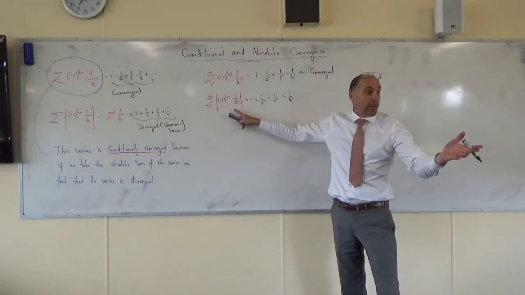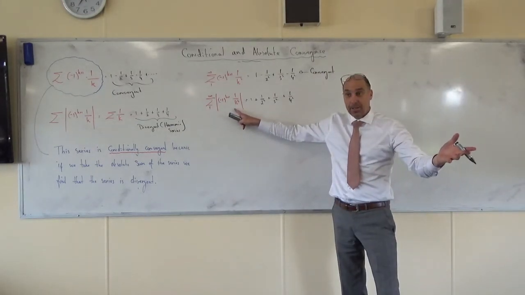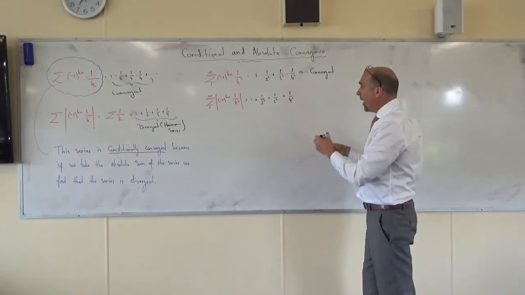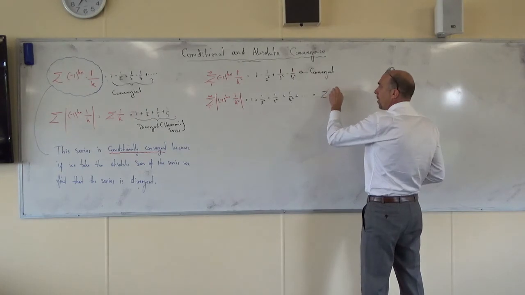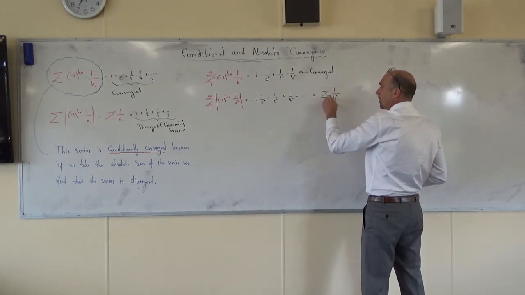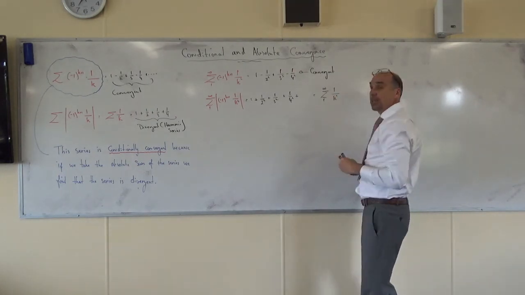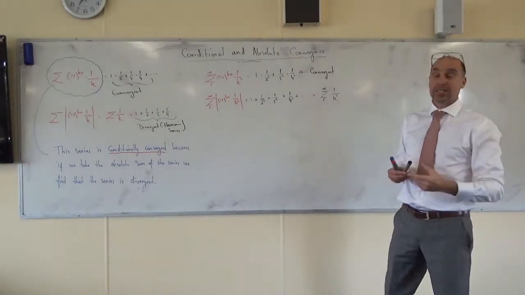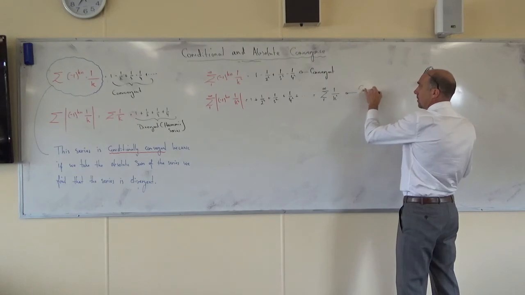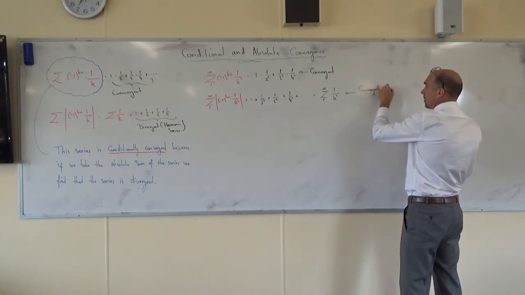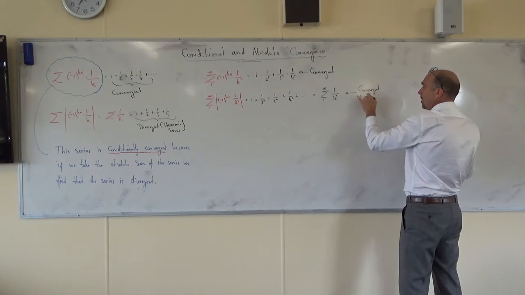That is equal to the sum of 1 on k squared, which we know is convergent because of the p-test.